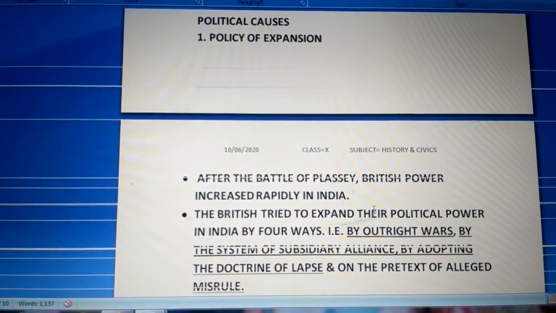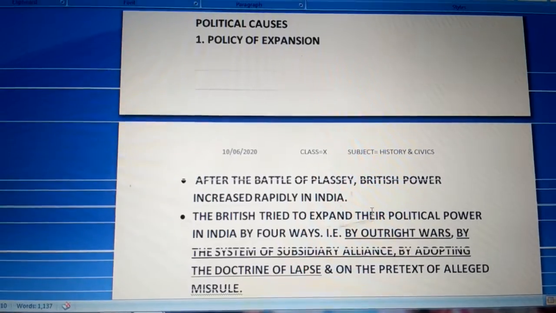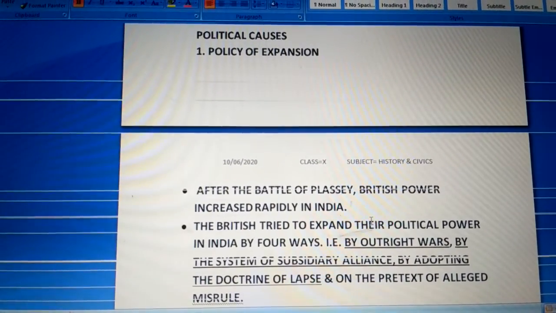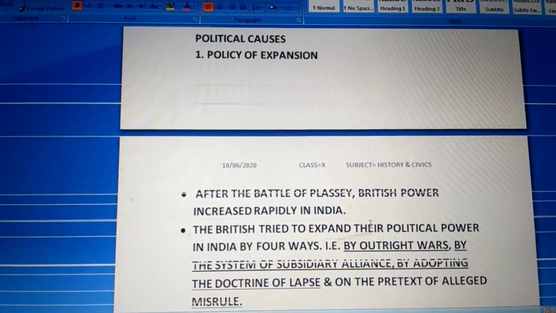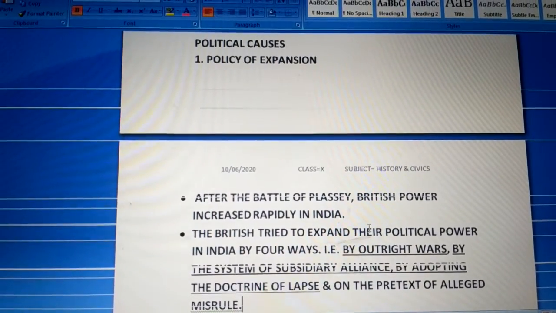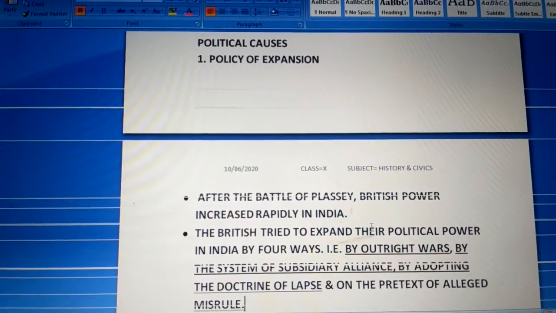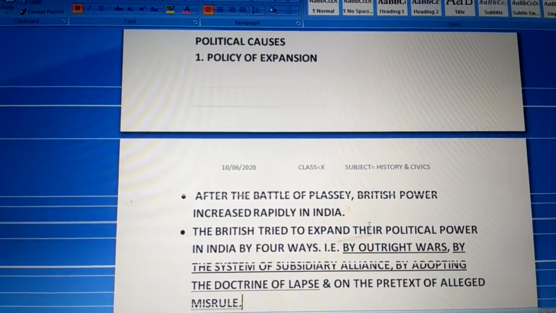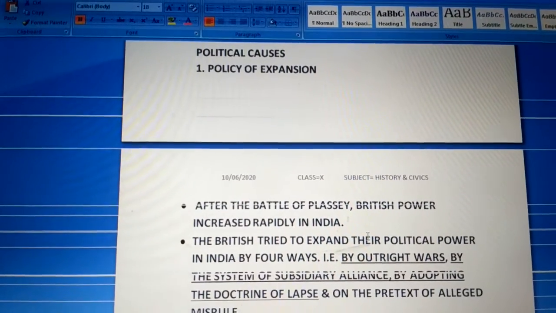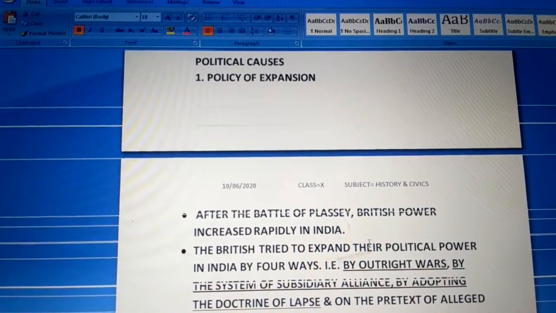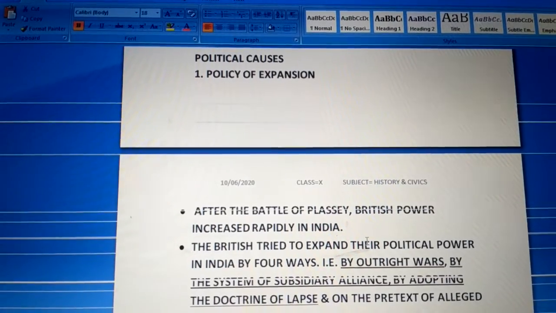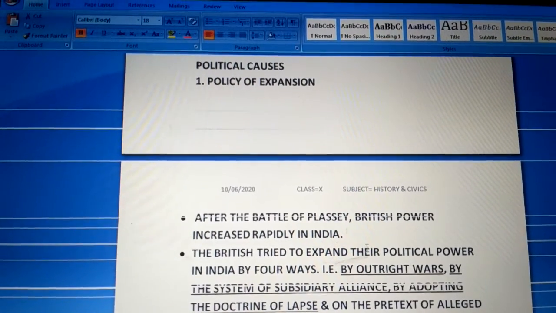So what happened there? After the Battle of Plassey, British power increased rapidly in India, that is, after 1757. The British tried to expand their political power because their main aim was to capture India fully. How?